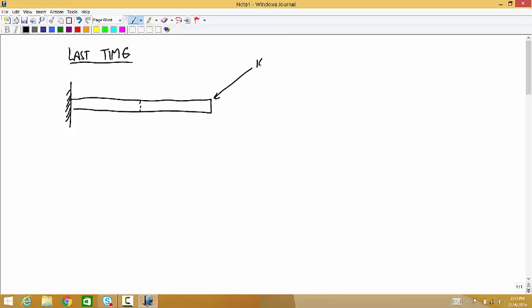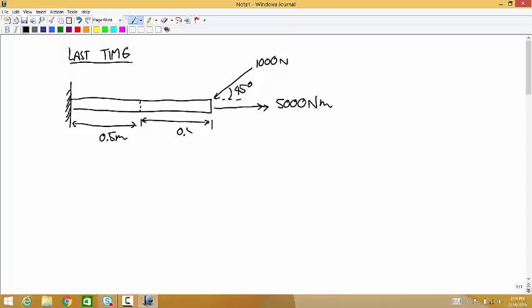We had a 1,000 Newton force at 45 degrees like that, and a torque of 5,000 Newton meters. That was half a meter, and that was half a meter.